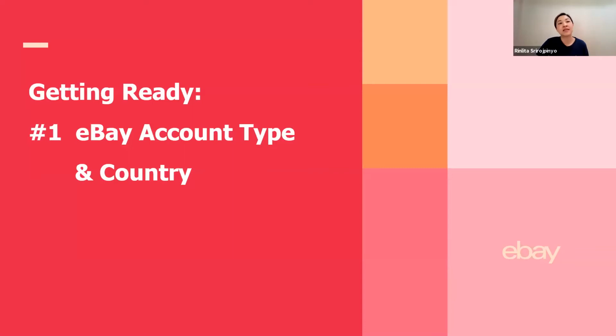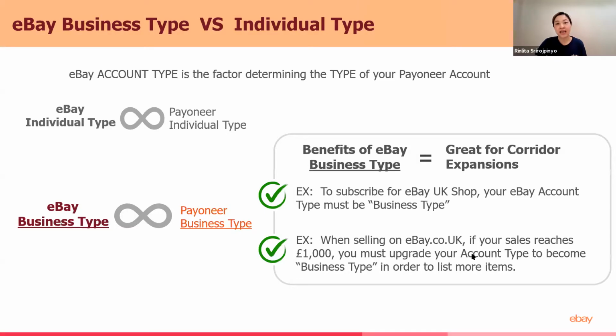Number 1, getting ready in the part of eBay account type and country. First, you need to understand that when you are enrolling to the MP, the factor that determines your type of Payoneer account is your eBay account type, and the country of your registered address on eBay will determine which country of Payoneer account can be linked with.